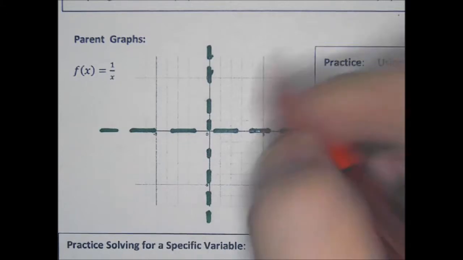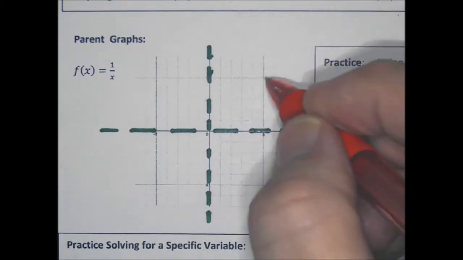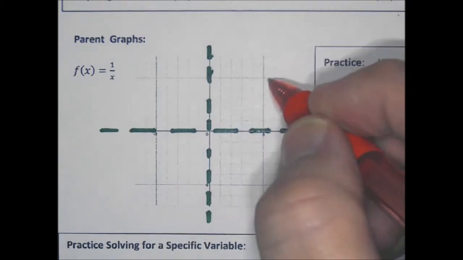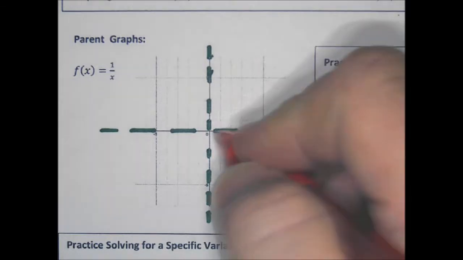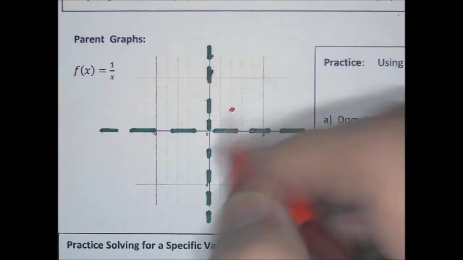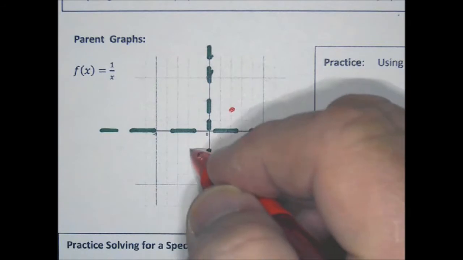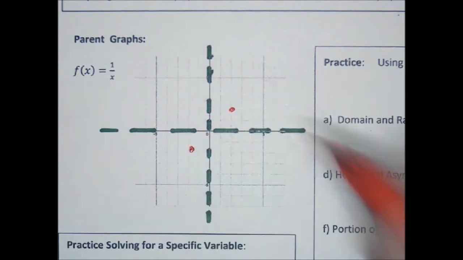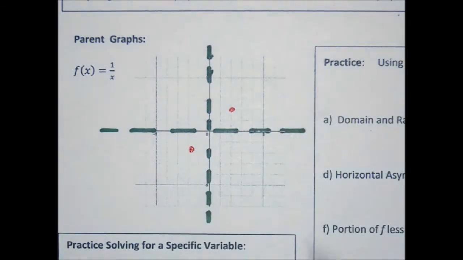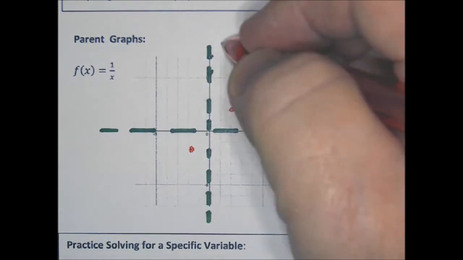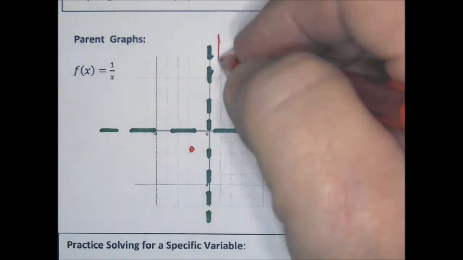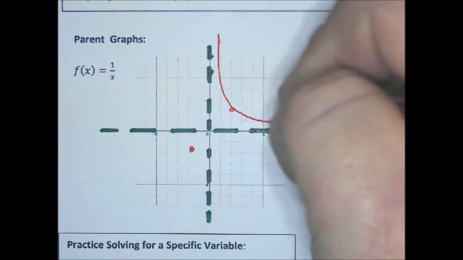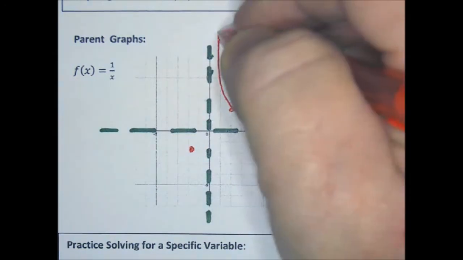But I'm going to do something a little different. I don't want to put 1, 1 way up there because it doesn't let me draw much of a graph. I'm going to put 1, 1 right there, and negative 1 right there. Now that lets me help you see what the graph is supposed to look like. It's supposed to come in and turn and do this and that.